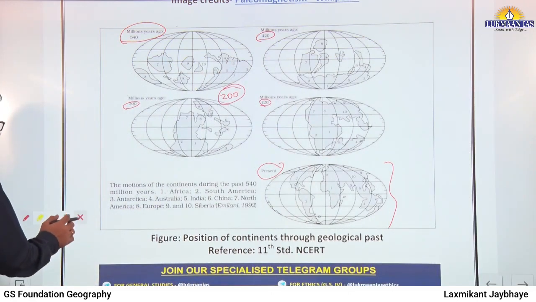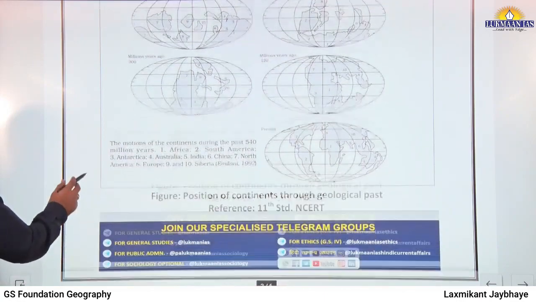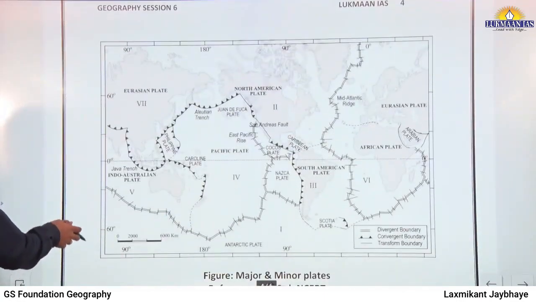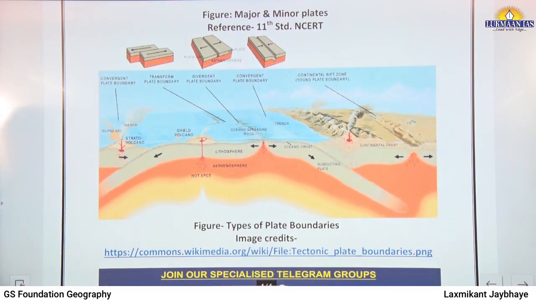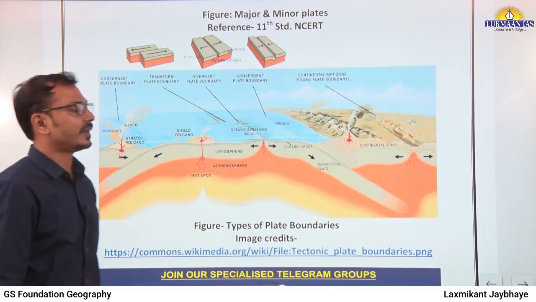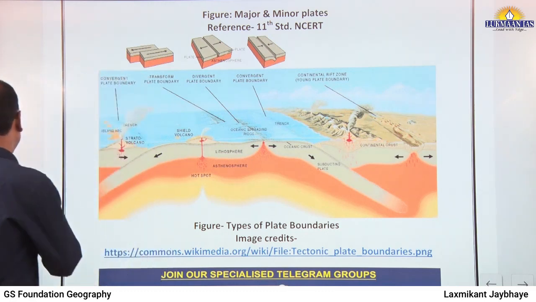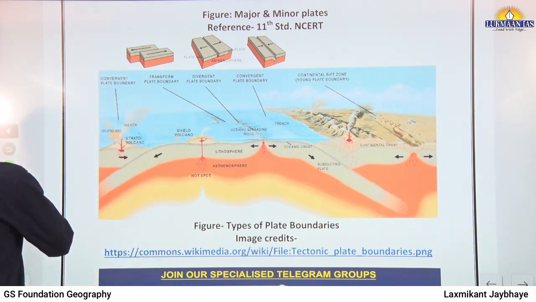Now after understanding this, we are able to also understand the different kinds of plate boundaries created by plate interactions. In the seafloor spreading hypothesis, we understand that the plates are diverging from each other.